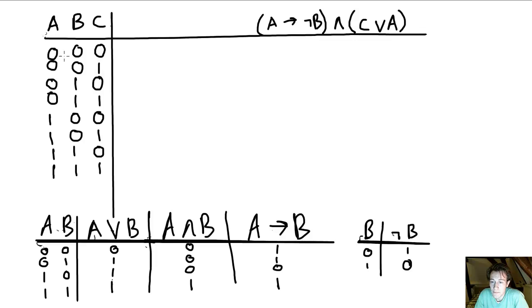Notice over here we got all the possible combinations of the truths of A, B and C. As you see over here, A and B are both false, then only C is true, then only B is true, then B and C are true, A is still false, and then we get the same pattern over here only with A true. So these are all the possible combinations.